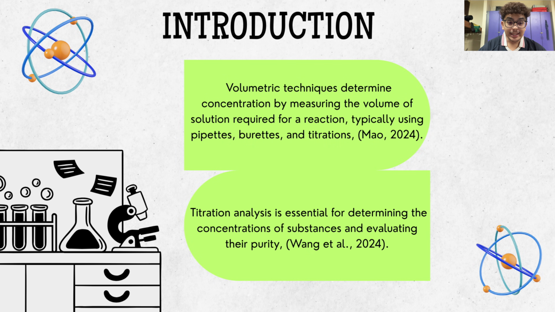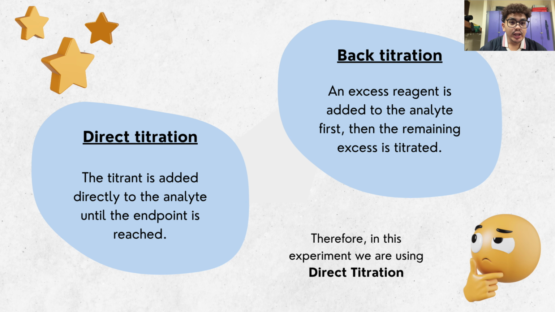So, volumetric techniques determine concentration by measuring the volume of solution required for a reaction, typically using pipettes, burettes, and titration. Other than that, titration analysis is essential for determining the concentration of substances and evaluating their purity. As we know, there are two types of titration: the first one is direct titration and the second one is back titration.